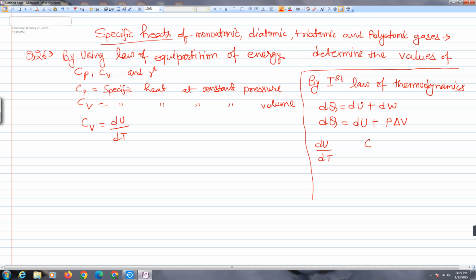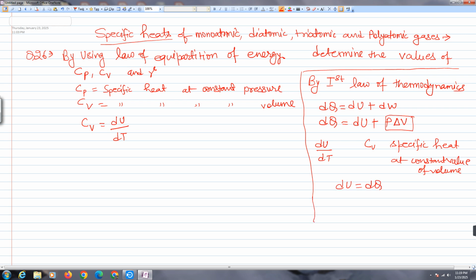Remember that we are going to find the value of Cv, specific heat at constant volume. So in this equation, if the volume is constant, the work done will be 0 and dU is equal to dQ, correct?